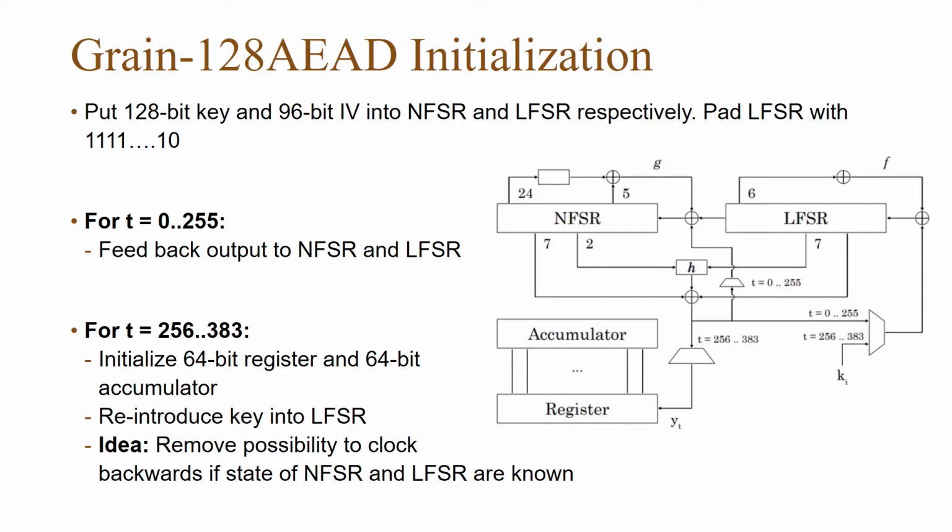Then, in clocks 256 to 383, we initialize the 64-bit register and the 64-bit accumulator. We do this while at the same time reintroducing the key into the LFSR. The idea is to remove the possibility to clock the cipher backwards if the state of the NFSR and the LFSR are known. This key reintroduction is specific for Grain-128AEAD and was not present in the previous versions.